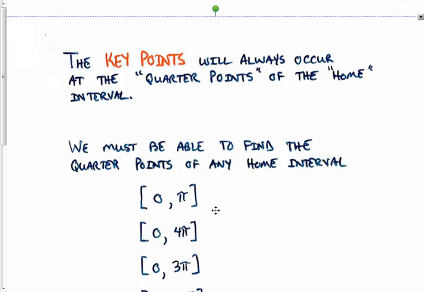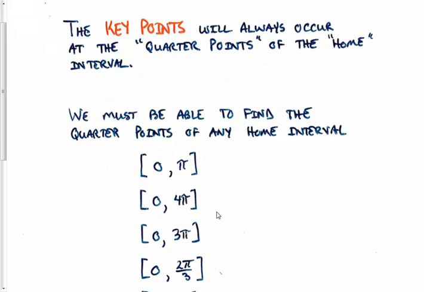As I started out to say, and maybe I'll show some examples of this later on, if we know that the home interval, the main interval, is from 0 to pi, we need to know how to break that into 4 equal parts and find the 5 key points. So 0 is a key x value, pi is a key x value, but we have 3 more key x values in between, and they're the quarter points of this interval.